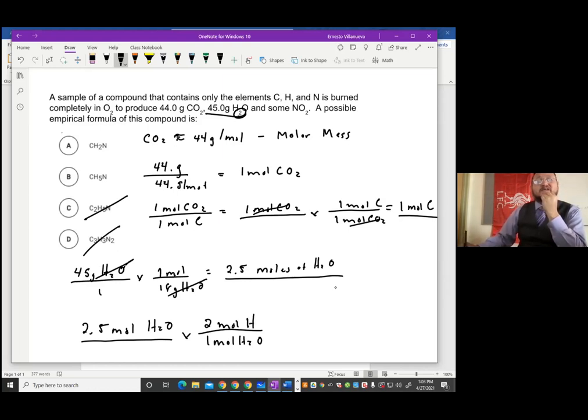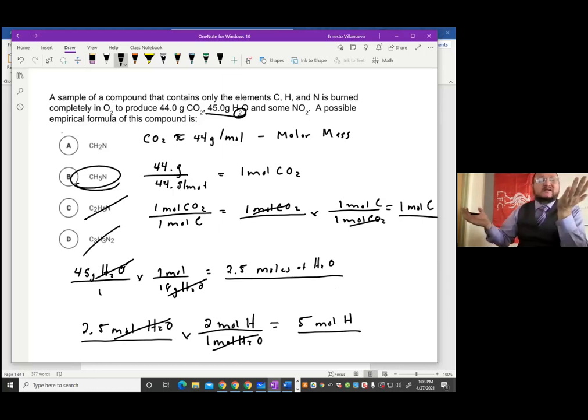We have 2 moles of hydrogen. 2.5 times 2 gives me 5 moles of hydrogen. So my compound is going to have at least 5 hydrogens. Of the 2 options left, this is the only one. We don't even need to worry about nitrogen, because we've already found the answer.